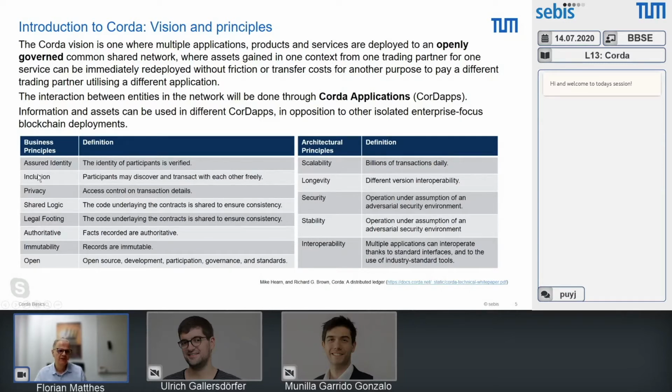The second point is inclusion. The idea is more or less that there is some way of finding other partners, something like a membership directory, which allows participants to find each other and transact with each other freely. There's identity management a little bit, which we have also seen in Hyperledger. Then we have this privacy idea or goal to have access control and transaction details.